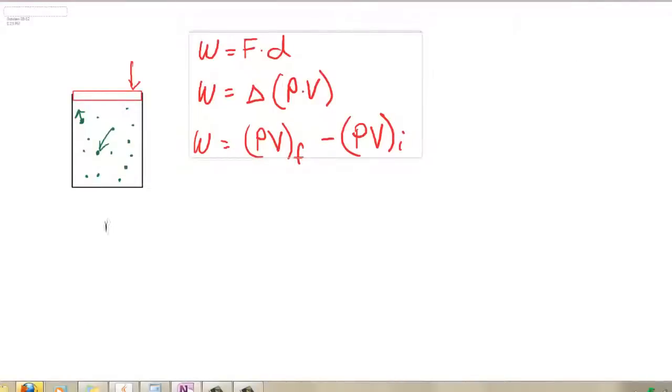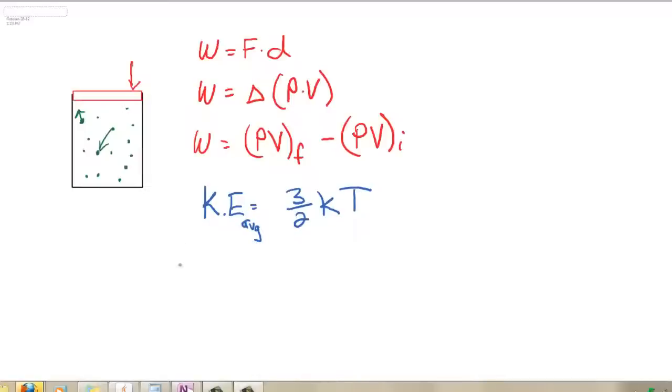Now, we've already seen that the kinetic energy of a gas can be calculated by looking at its temperature only. The average kinetic energy in any gas is 3/2 times Boltzmann's constant times T. Now that's for an individual molecule. That's not the overall energy of the gas. That's the average kinetic energy that those molecules possess as they're moving around in random motion.